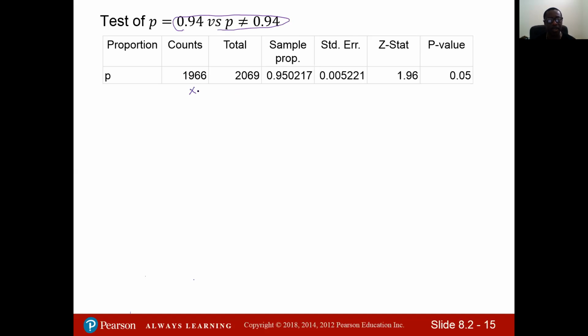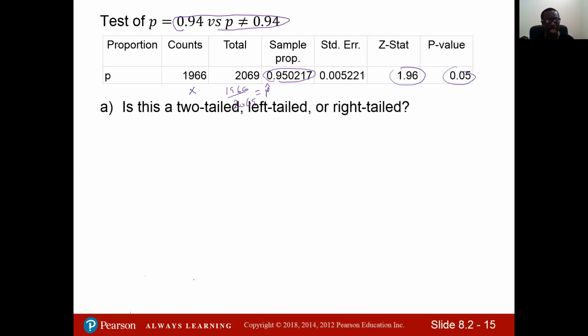So this is my x, the number of successes. Now notice that if you do 1966 divided by 2069, you get this sample proportion. So basically this is your p hat. And then we have this value, the p-value, the test statistic and all that. So the questions following are asking us these questions.